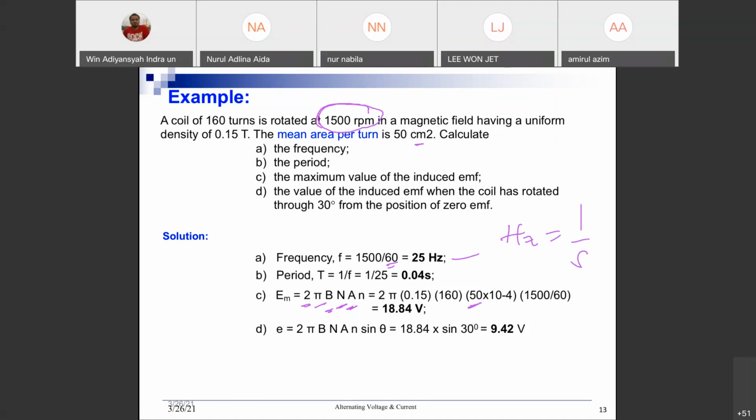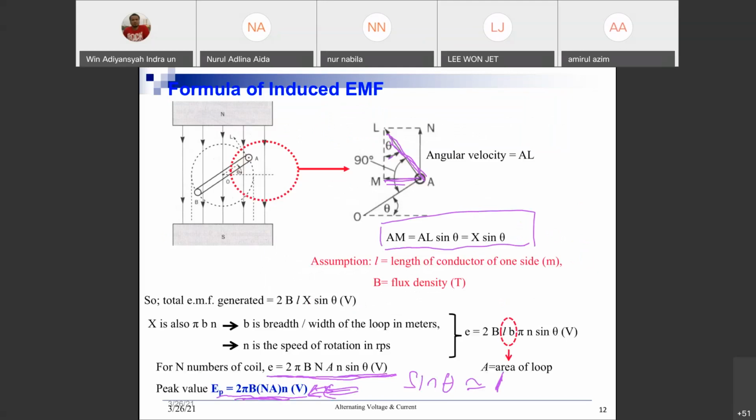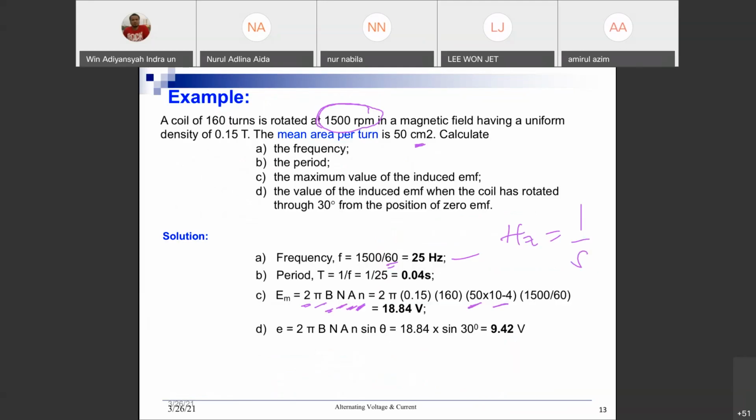This one is centimeter squared, so convert to meter squared. And n, just now, that's the frequency. Here, n is the speed of rotation in RPS, equal to frequency. So you get this one.